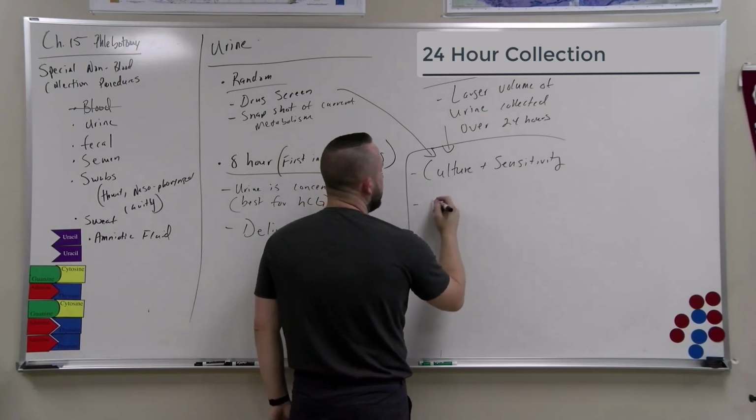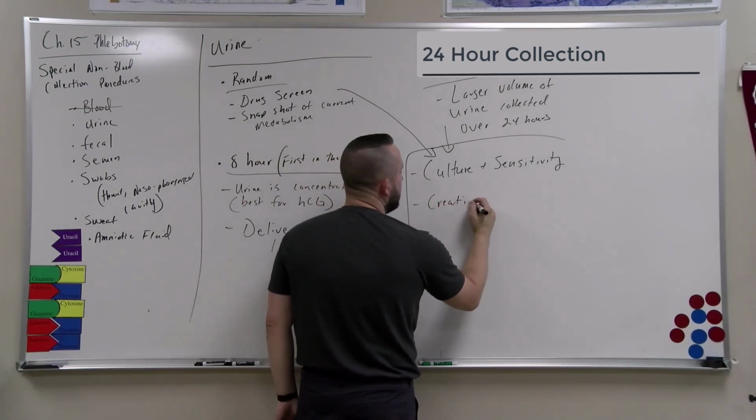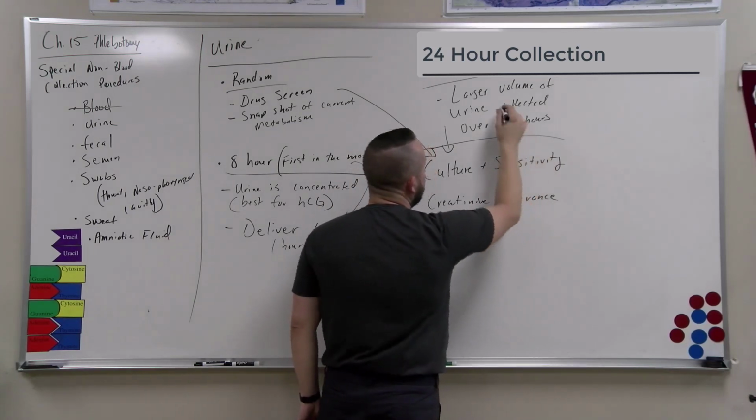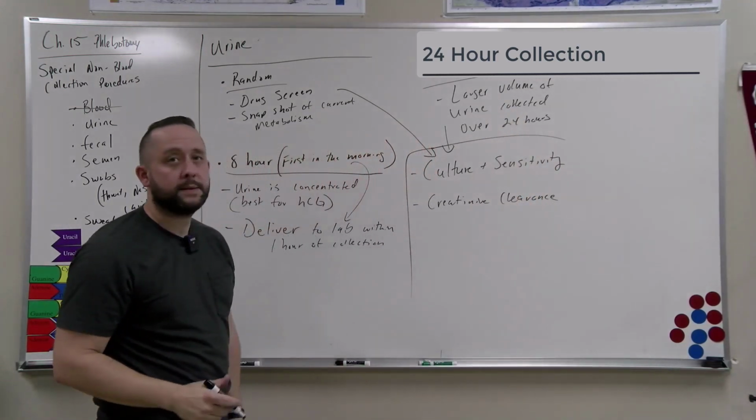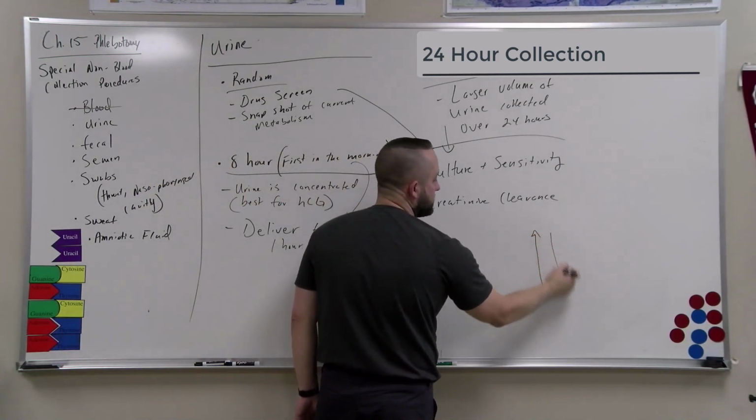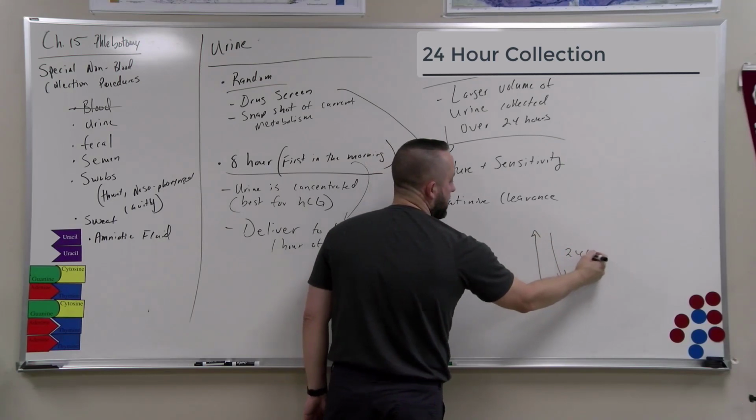All right, things like creatinine clearance. It's helpful to have a 24-hour collection because I can look at how much creatinine was produced in your urine over 24-hour periods.